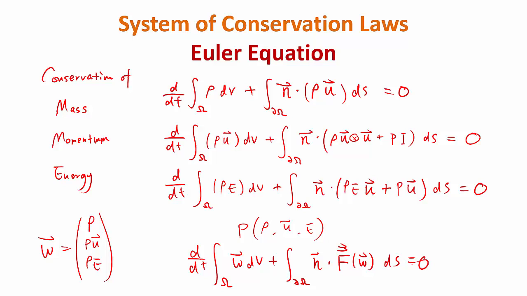And through the derivation we usually do from the integral form to a conservative form, we get the differential form of the equation: partial w partial t plus the divergence of this F, which is an algebraic function of w, is equal to 0. That's usually what we see as the Euler equation, as written on Wikipedia and anywhere else.